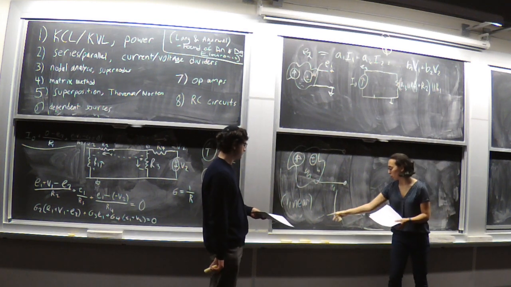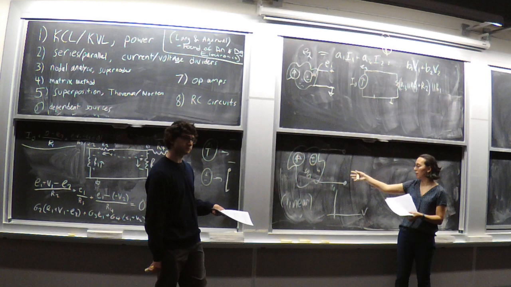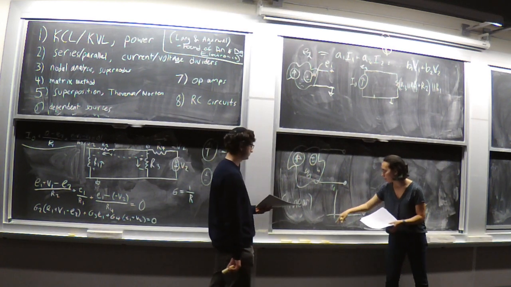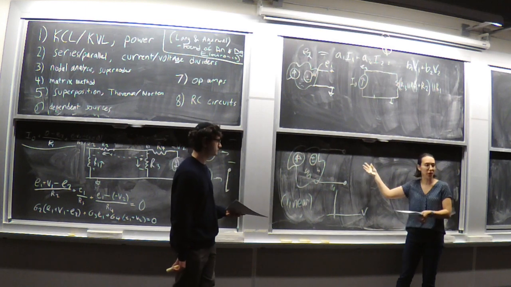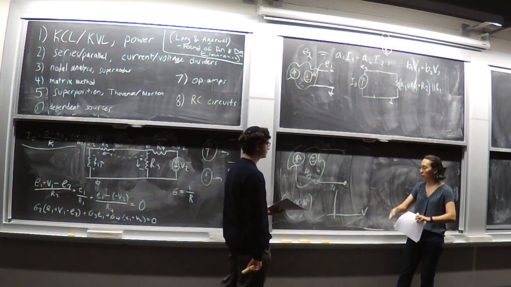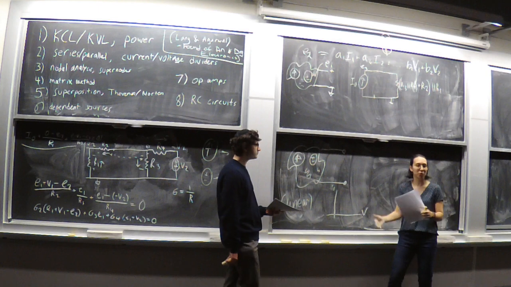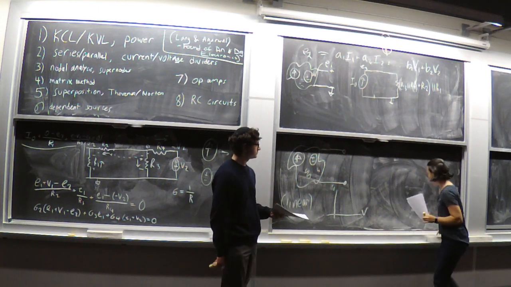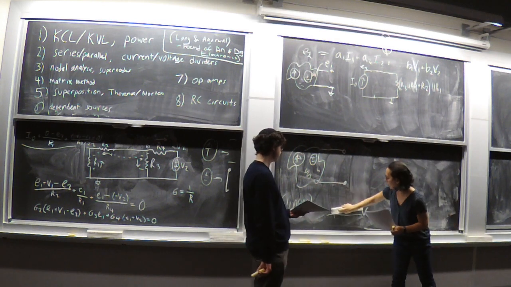Or you could do the opposite, which would be to apply a voltage and measure the current, for every point, and you would get some characterization of what this circuit looks like. It turns out if this circuit is linear, you don't need to actually take it to a lab and do that, although you could. We have a way to calculate that ourselves.